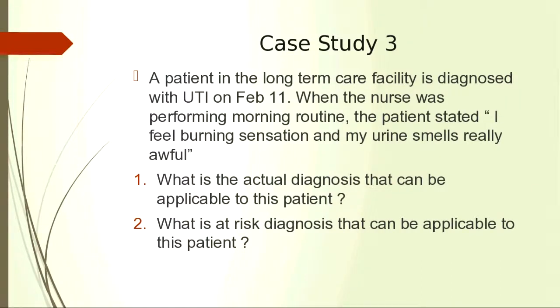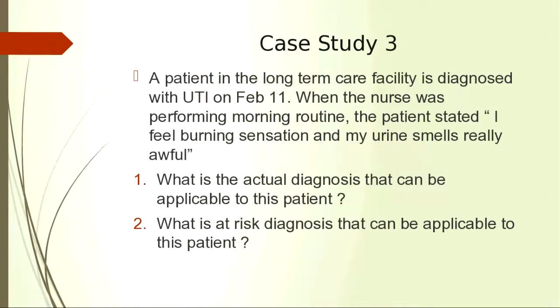So it could be at risk for impaired skin integrity related to the diagnosis of UTI, because if his mobility is impaired, along with he's sitting on bed all the time, along with he has some impairment and he is using briefs, there is more chances of the urine coming in contact with the skin, and the skin integrity becomes impaired, and later on more problems can occur. Okay.